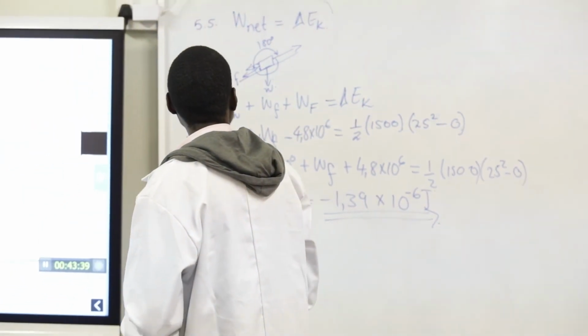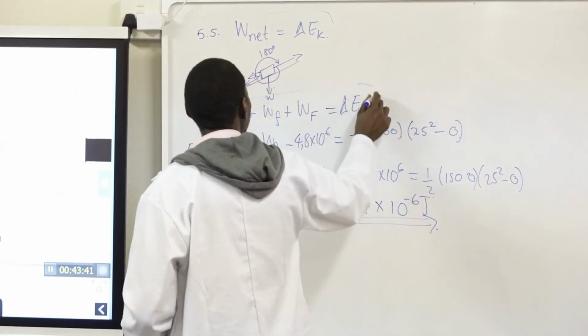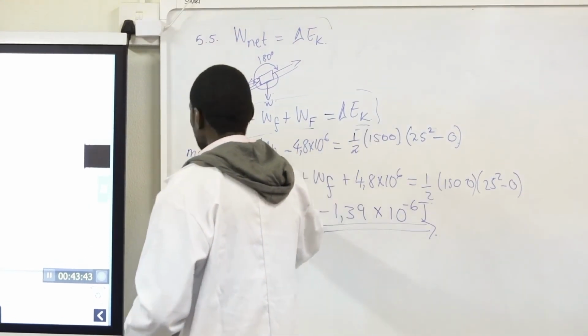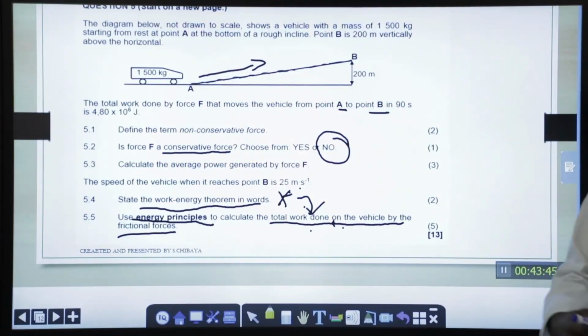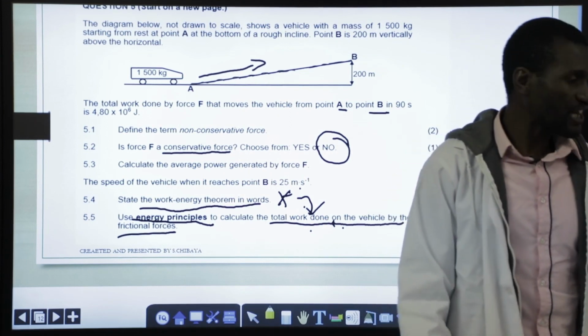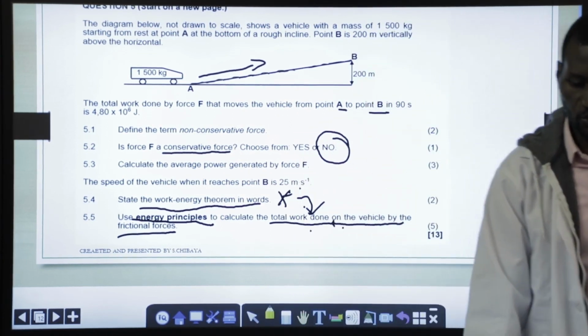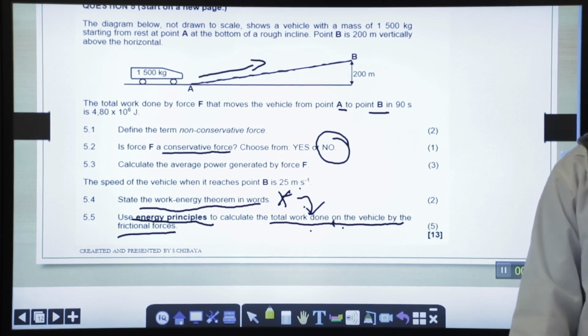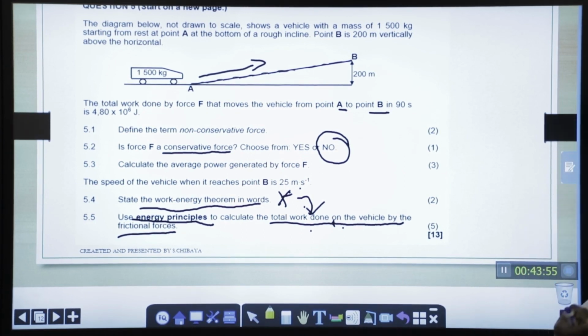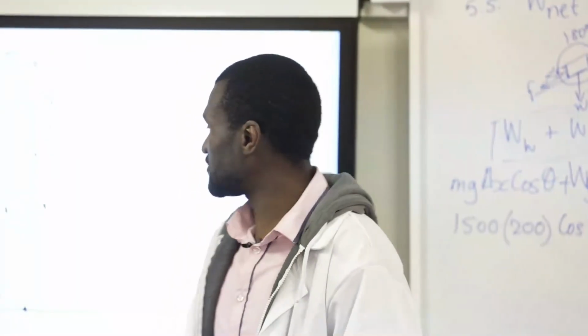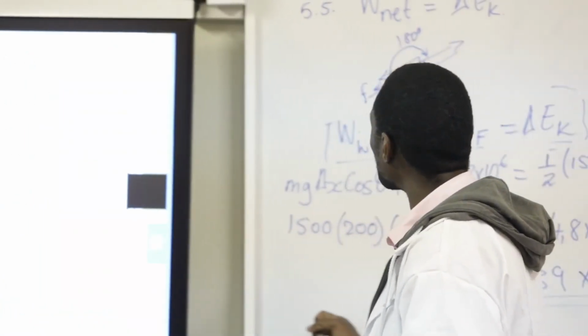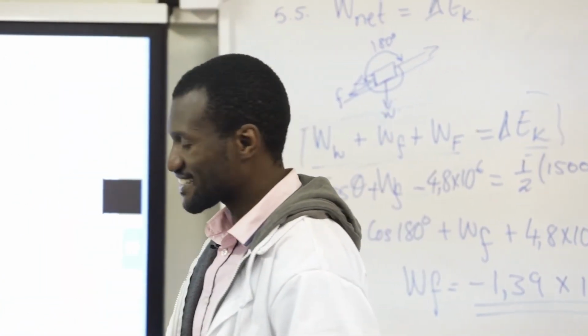Okay, this is one way of doing it. There are several other ways of doing or answering this question, but I am so sure that as we go through more examples and more questions that are to do with work energy theorem, you will be able to establish how to work out questions like this.